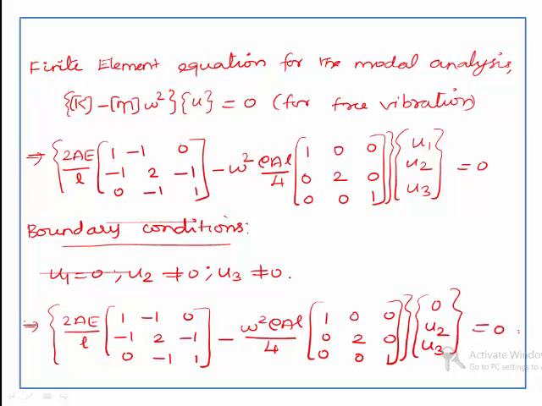So the first row and first column of the stiffness and mass matrices can be cancelled since U1 is equal to 0.